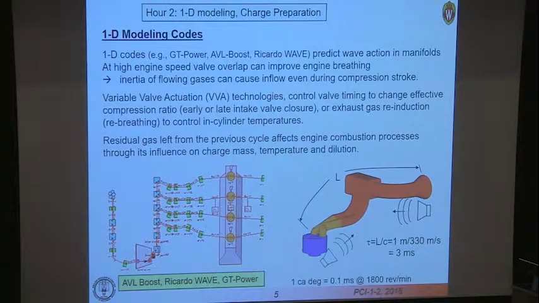You can use that to control the compression ratio through the Atkinson cycle, for example, for early or late intake valve closure. Exhaust reinduction to control in-cylinder pressures. All of this can be simulated using these 1D codes very accurately and is helpful in the design of the overall engine system.